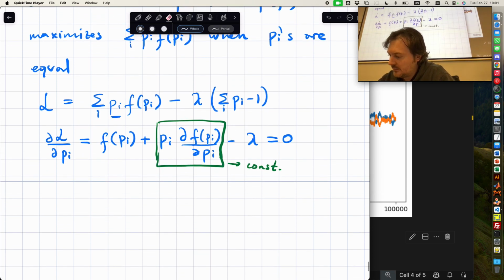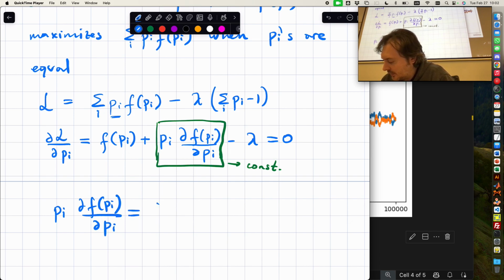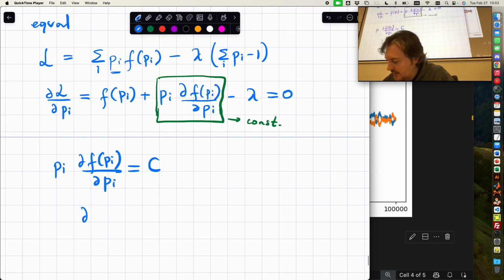So let's then move on. If you buy this trick, then pi times del f(pi) over del pi is a constant c. Then del f is c times del pi over pi.